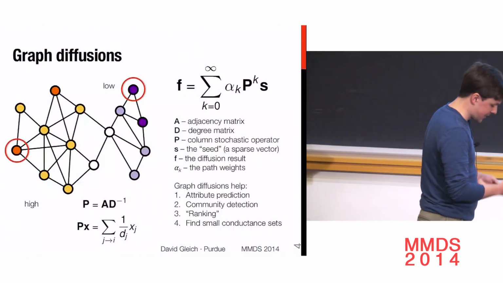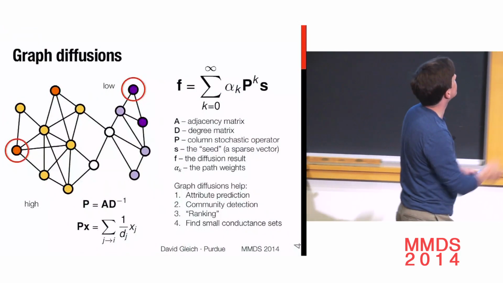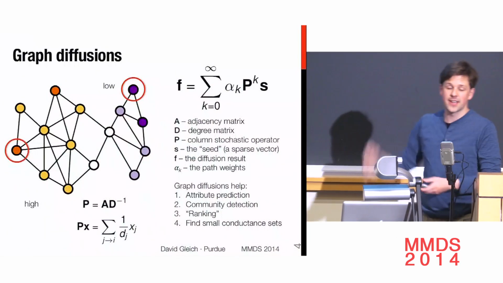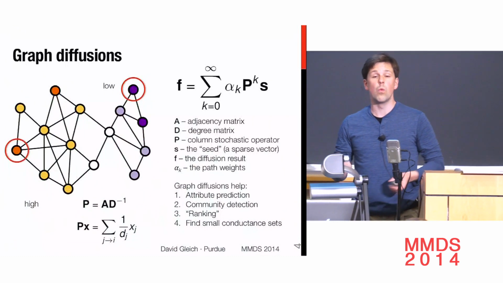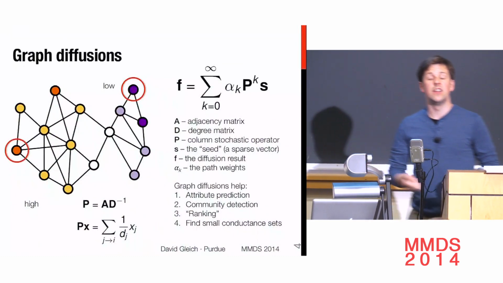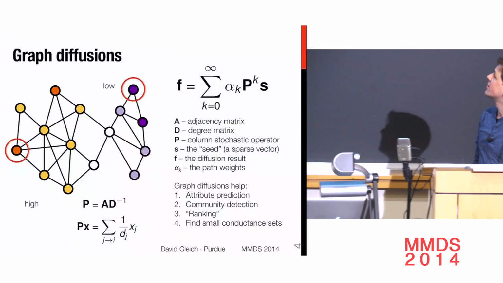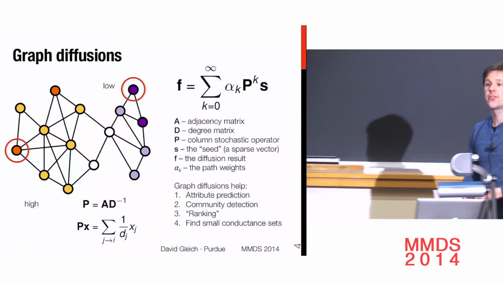And what a graph diffusion is: we take some seed S, and what should you think of S? S is going to be a really sparse vector. Think of S as having 1 or maybe 10 non-zero entries. This is representing something over the nodes of our graph, and we're distributing whatever is in S throughout our graph.